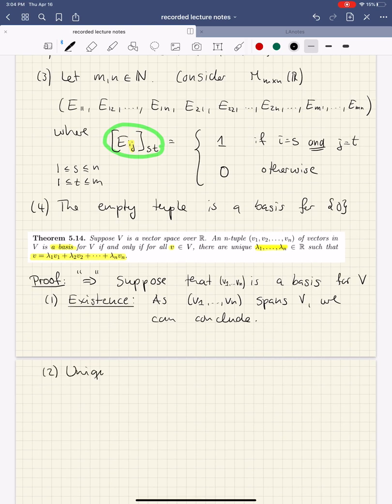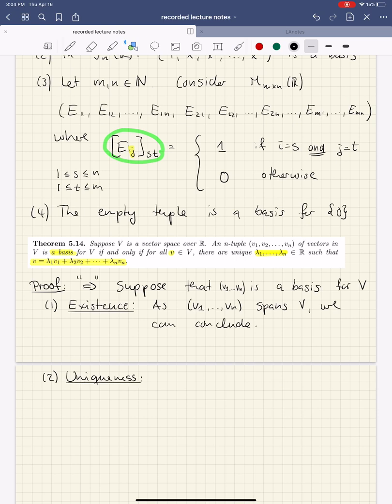Okay, and so next, uniqueness. There's a little bit more to show here. So how do we do uniqueness in general? Well, we suppose there are two ways of writing it, and then we want to conclude that the ways were the same.